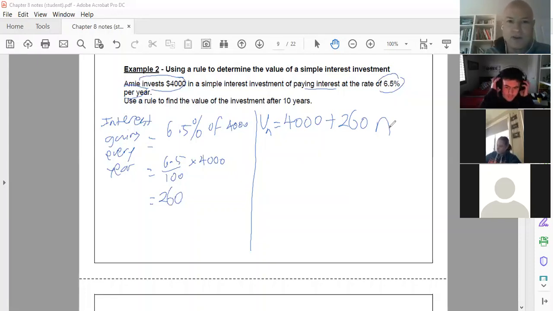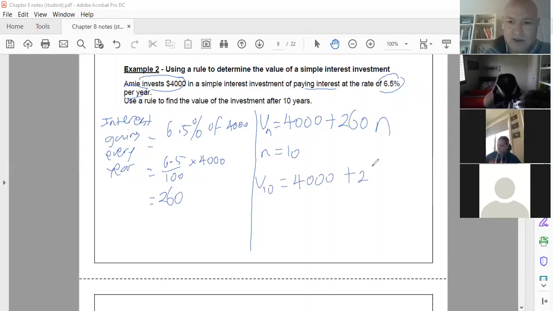Now it says find the value after 10 years. So n equals 10 here. So I'm going to go V of 10 equals 4,000 plus 260 times 10. You can work that out, that's not an issue, or you can just use your calculator.